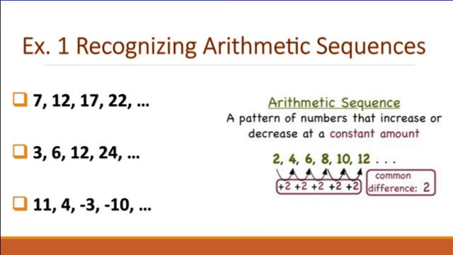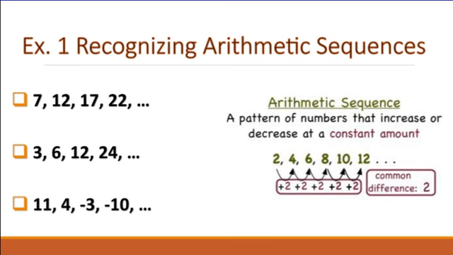So how do we know if it's an arithmetic sequence? We need to look at the sequence and determine, is there a certain pattern? And the pattern has to increase or decrease at a constant amount.